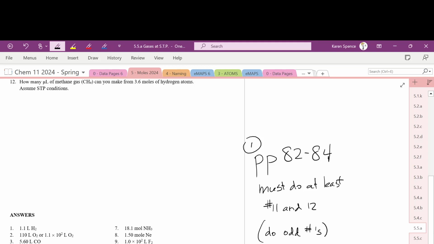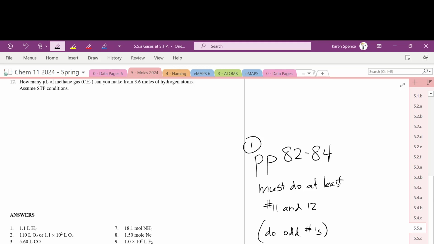Let's see what else I'm giving you this weekend. You've got half an hour now, so you might as well get a bunch of it done, and then you'll have much less to do for the weekend. Pages 85, 86. And then 87, 88, 89, 90.